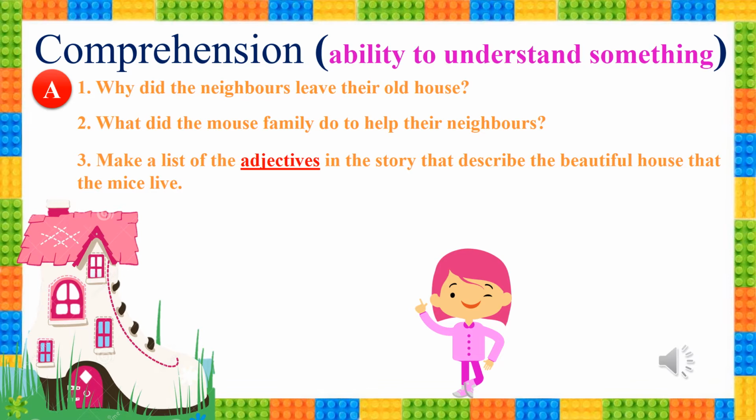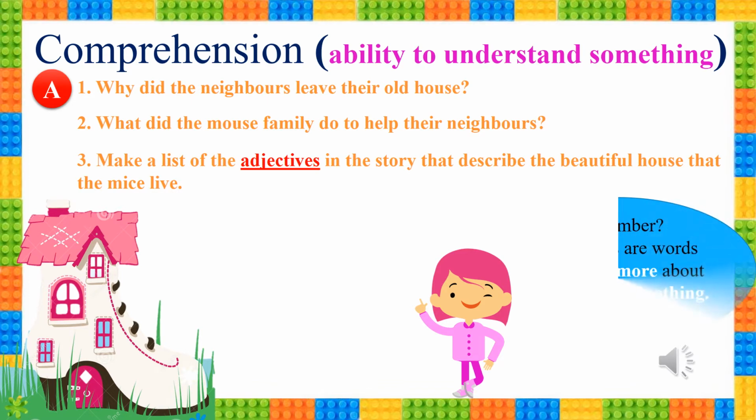Now let's look at the third question. Make a list of the adjectives in the story that describe the beautiful house that the mice live. Remember, children, adjectives are words that tell us more about someone or something.